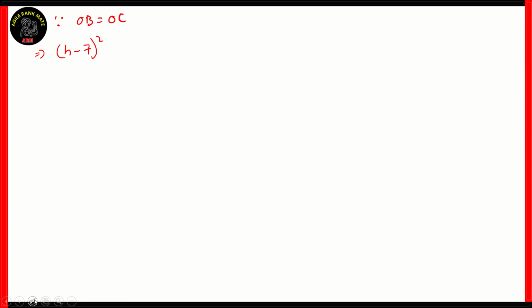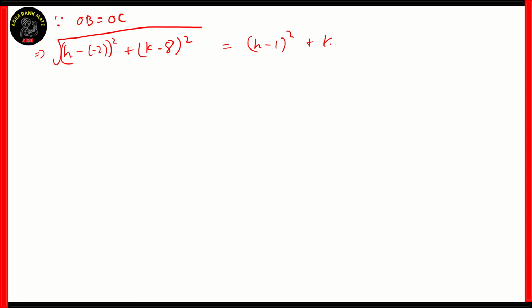Actually, that's for A, so let me rewrite that. So h minus of minus 2 the whole squared plus k minus 8 the whole squared, coordinates of B, equals h minus 1 the whole squared plus k minus 2 the whole squared.